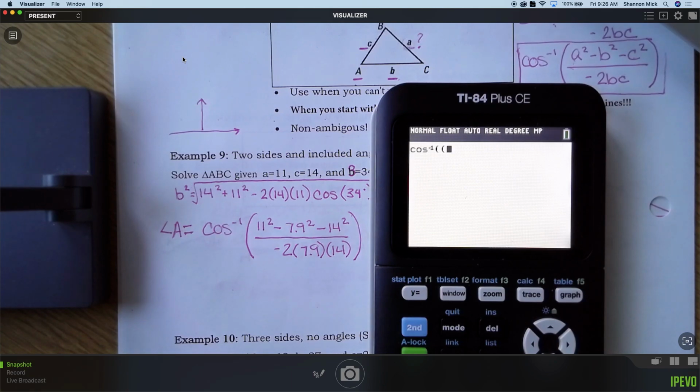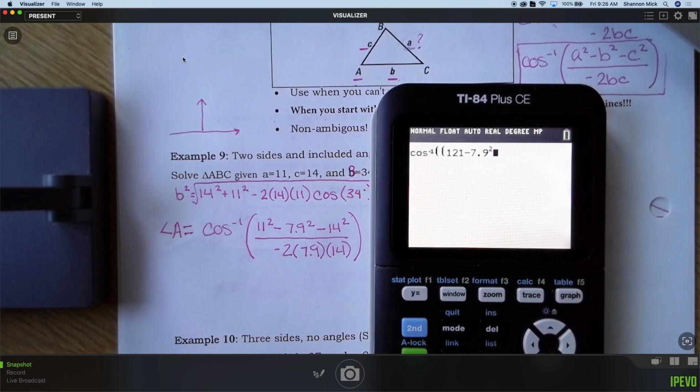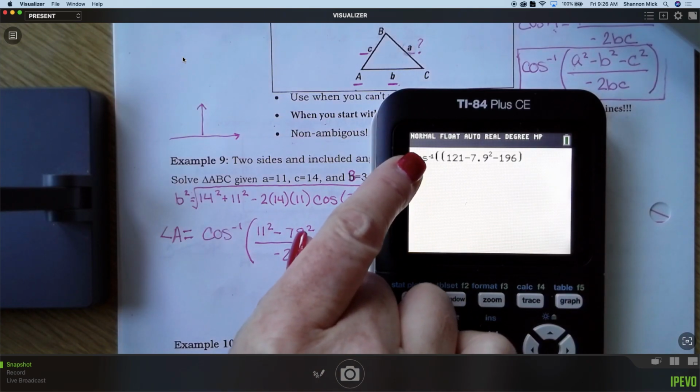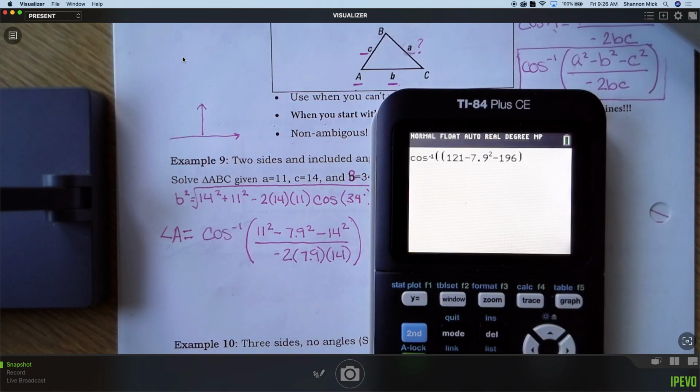So 11 squared minus 7.9 squared, sorry, minus 14 squared. End my parenthesis on my numerator. But I still have this one here that's open. It needs to stay open. Divided by parentheses again. If you do not put the numerator and denominator in parentheses, you are not going to get the right answer. Got me?